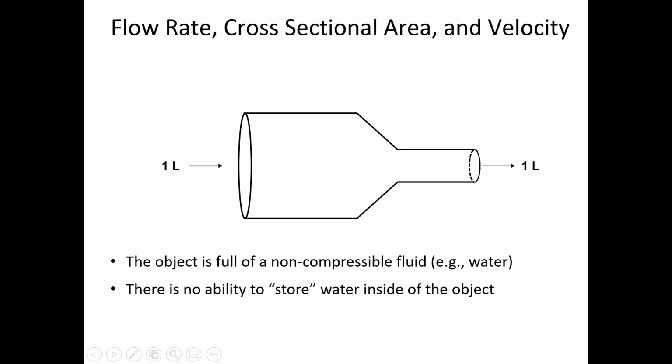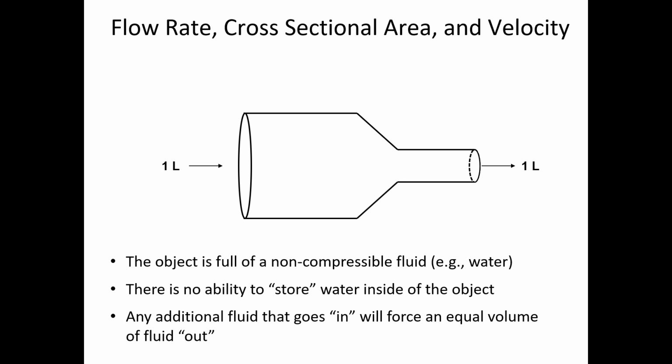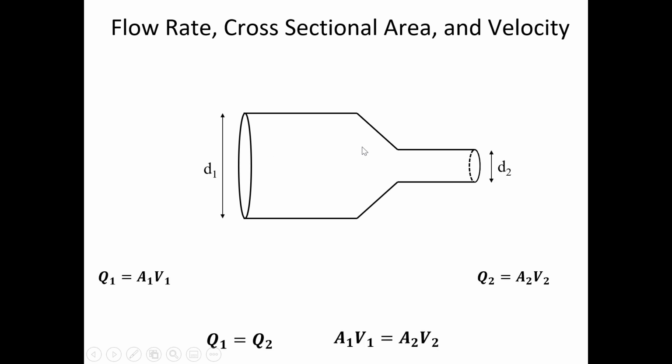And if there's no storage, then what that means is that the flow rate, Q, which has units of liters per second or cubic meters per second, the flow rate in and the flow rate out are equal. Now, consider a pipe section that has a known diameter at the inlet and at the outlet.